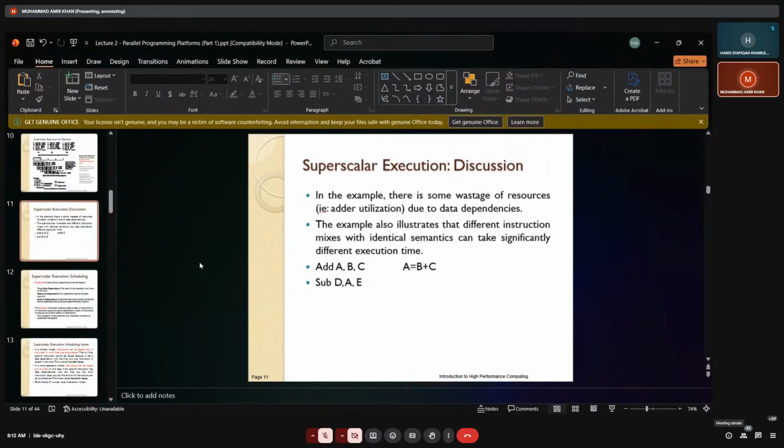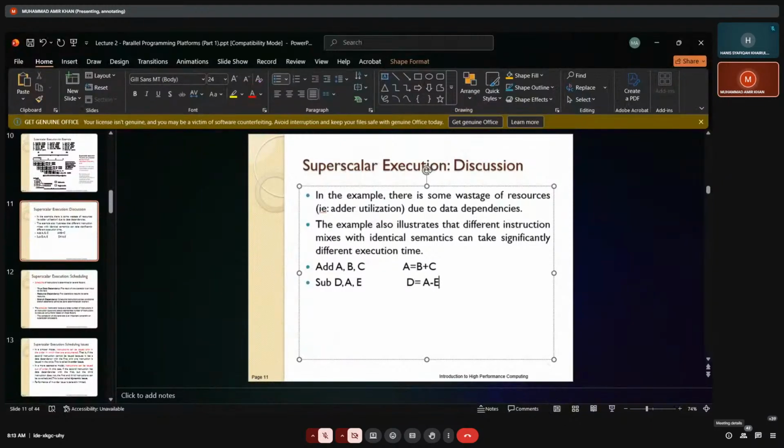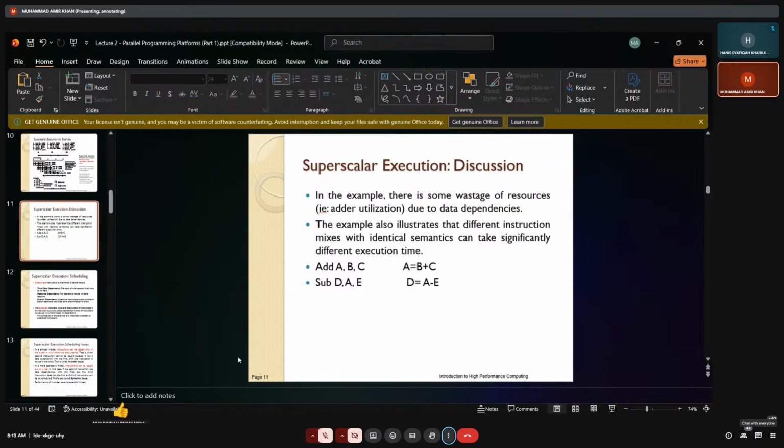The previous instruction is A equal to B plus C, and next is D equal to A minus E. We have to wait for the result of A first, because the output of the previous instruction is the input of the next instruction.